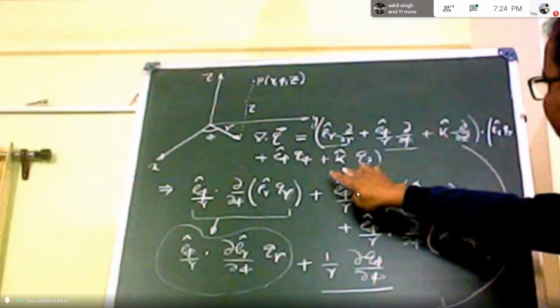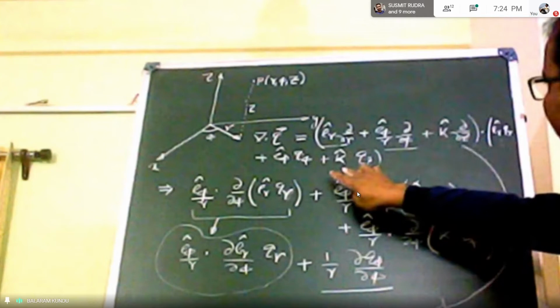So therefore, in your final expression, this verification is needed, whether it will be 0 or not. Probably it will not be 0. So your final expression will be by keeping this term. From the first dot product we have already obtained this term, del by del r into q r.